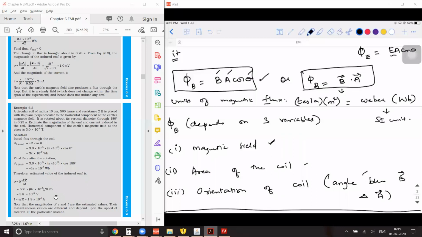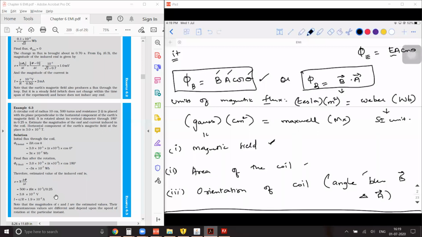Next, what is the CGS unit of Tesla? As I told in the previous chapter, Gauss. CGS unit of meter square? Centimeter square. So Gauss into centimeter square is called Maxwell. It is written as Mx.